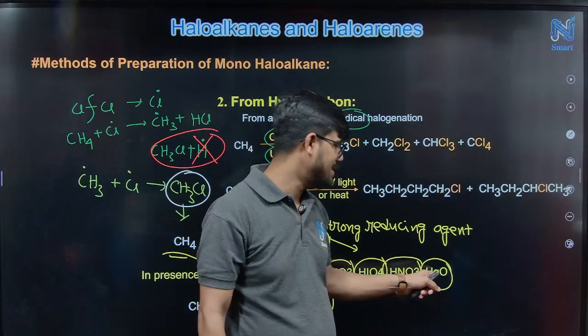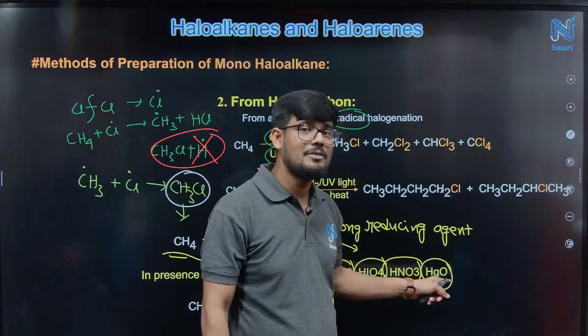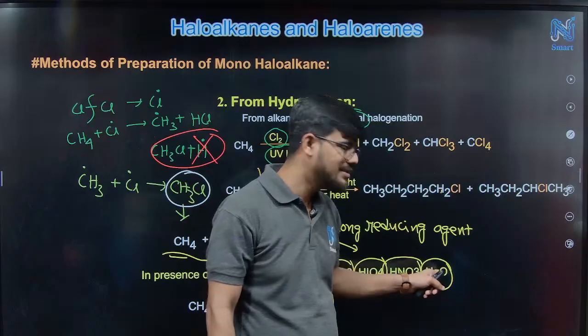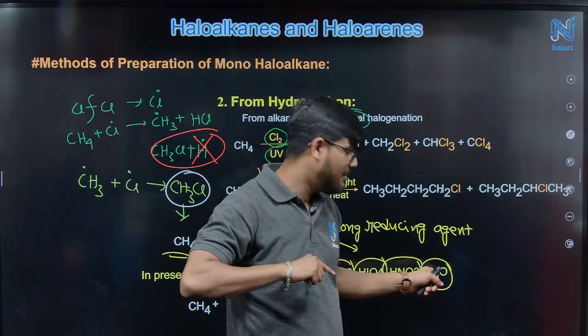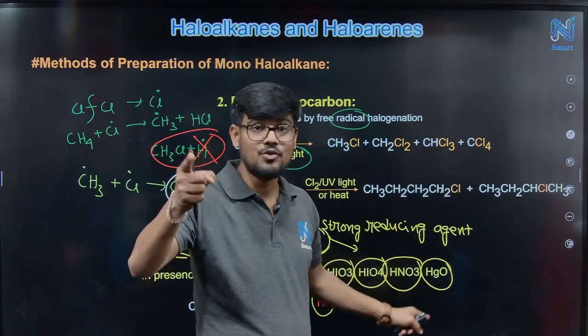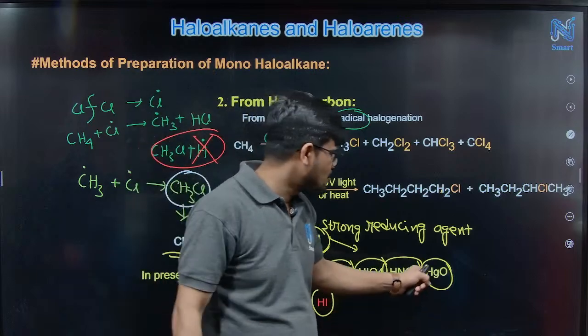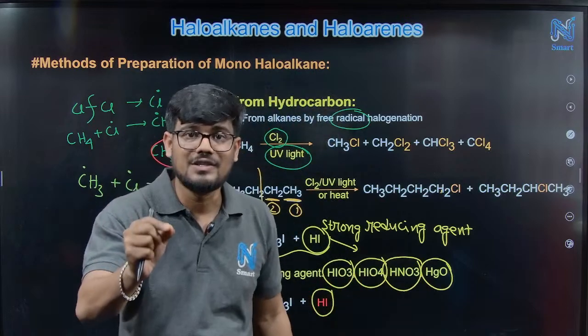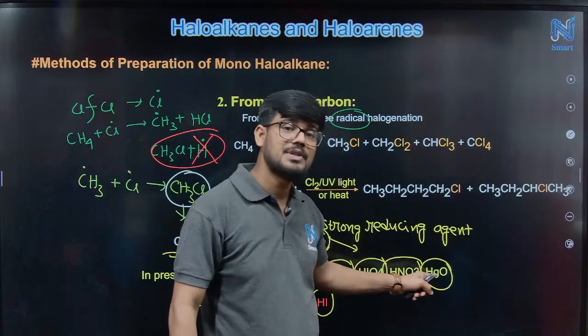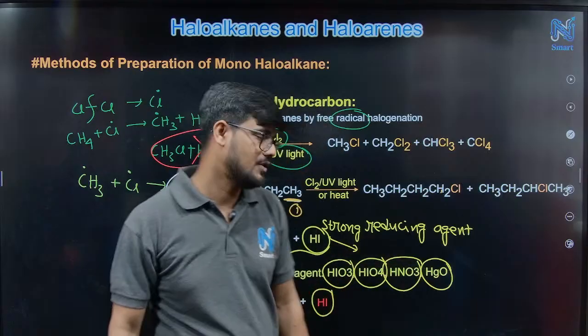Can you tell me its name? Mercurous oxide or mercuric oxide? Here mercury is in the +2 form, so the name of this compound is mercuric oxide.